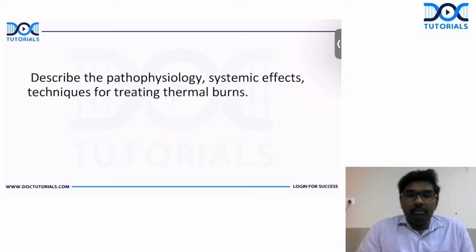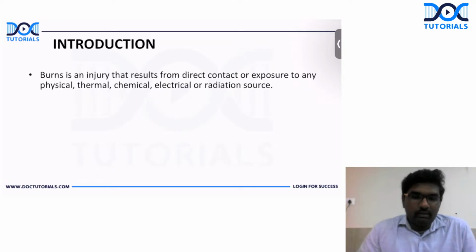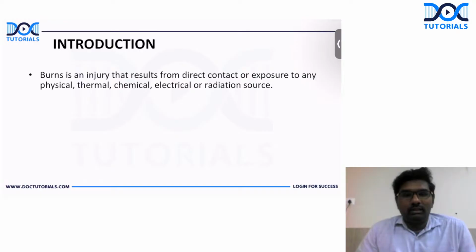So going into the question. The question can be in either form, like describe the pathophysiology, systemic effects, and techniques for treating thermal burns, or it can be in any other form. Always start with an introduction in an essay question. So we have to define what burns is.